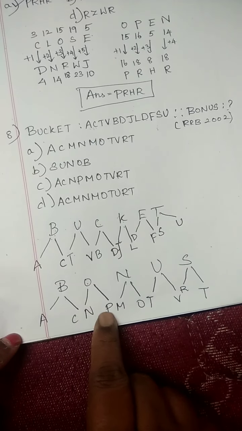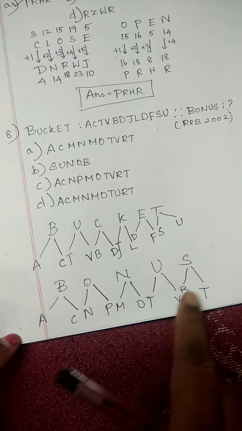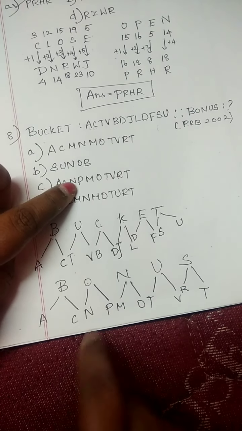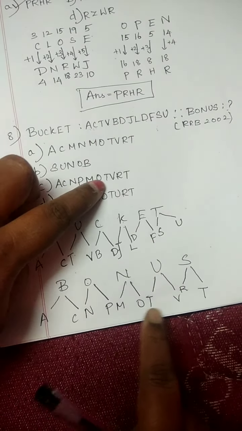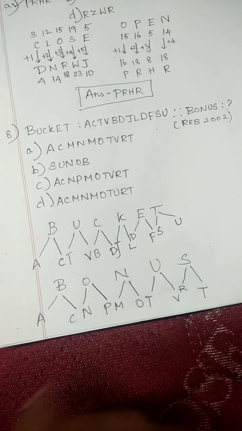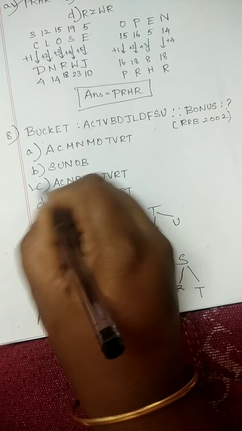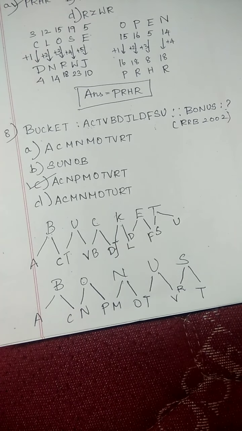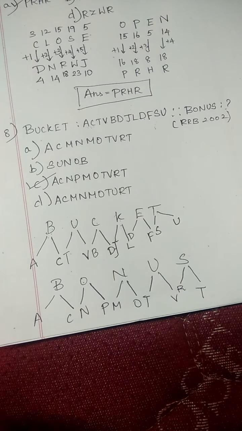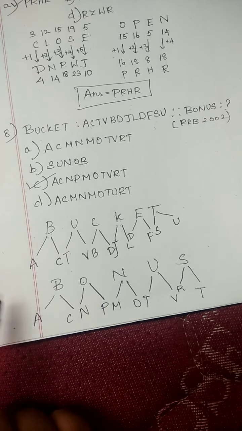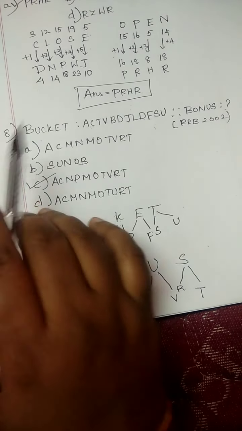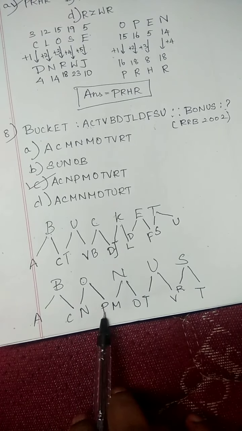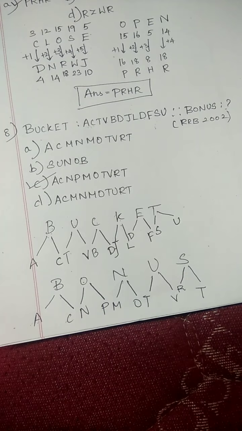A C N P M O T V or T. See here, option C: A C N P M O T V or T. So option C is the right answer. There's a different sum but this is the easiest way to solve. The letters are between the letters of A and C. B is between A and C, O is between N and P in alphabetical order.